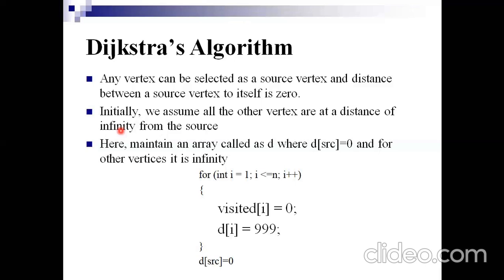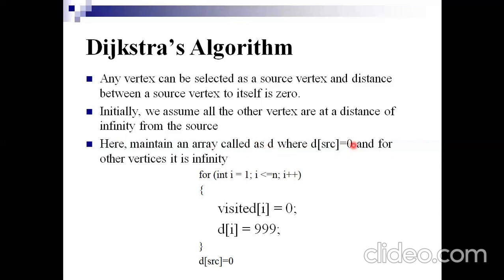So it's infinity. The next step in the algorithm is that I should maintain one array called D. So what is this D? As I said, the distance of source to source is 0, and the distance of source to other vertices is infinity. So I should store it somewhere. I use an array called D, where I initialize D of source equal to 0.